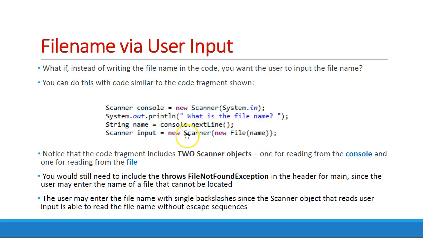And we create a new scanner. And that is now the scanner that we're going to use to read the file. So this has 2 scanner objects, one for the console, one for the file. You have to declare that it throws the FileNotFoundException. And oddly enough, the user can enter the file name into the console with a single backslash, C:\ whatever, because the scanner object doesn't have to deal with any exceptions.